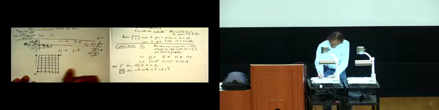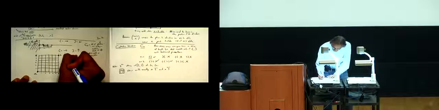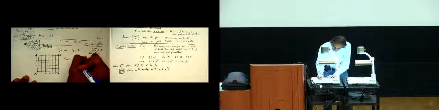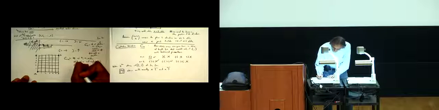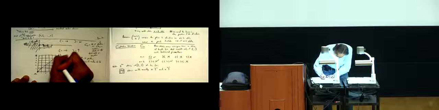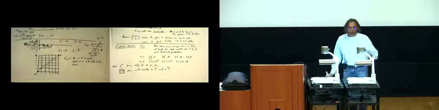So now I want the Catalan number is the number of up right paths starting at A and ending at B that, okay, they can't cross the diagonal.